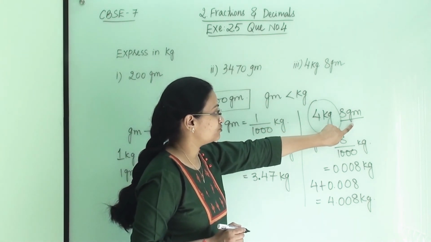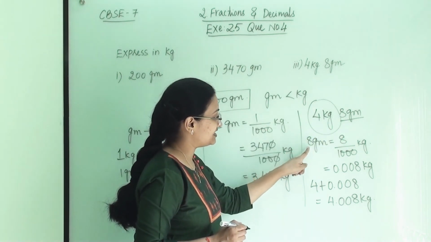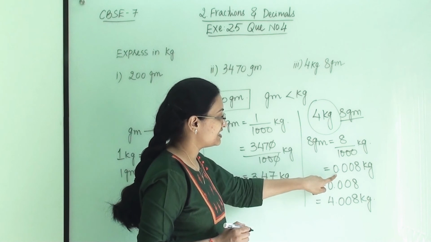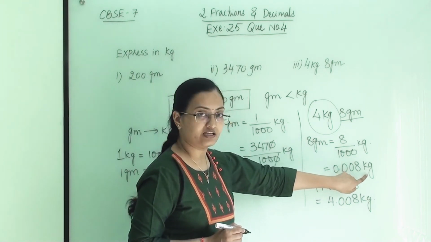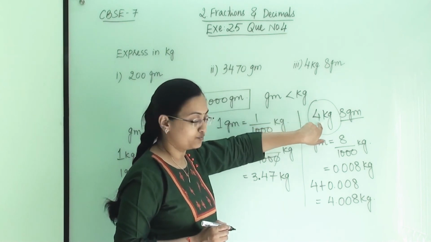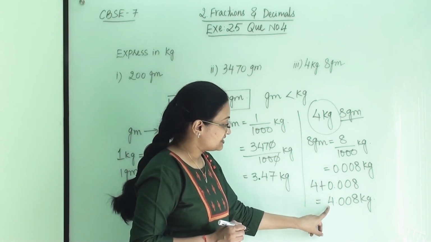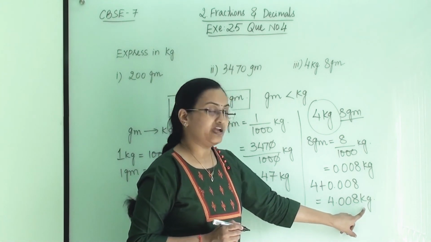We only need to convert this 8 gram into kilogram, and that is 0.008 kg. That we have to add to this 4 kg. So our complete measure here is 4.008 kilogram.